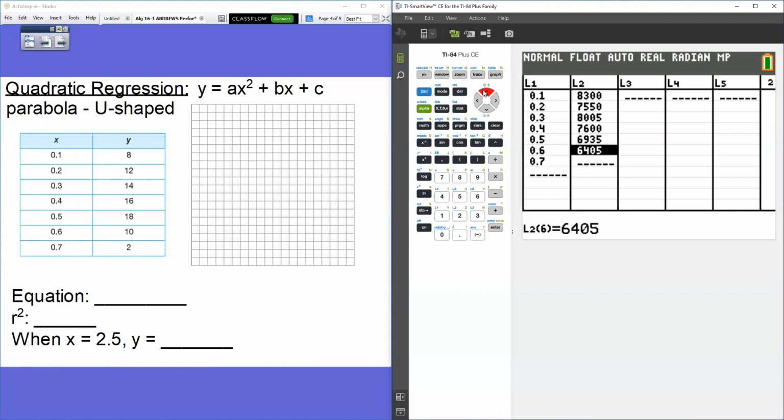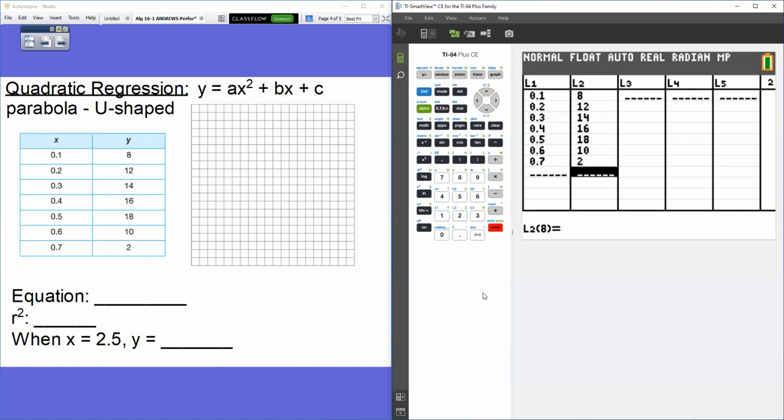In the Y column, in your L2 column, we have 8, 12, 14, 16, 18, 10, and 2.